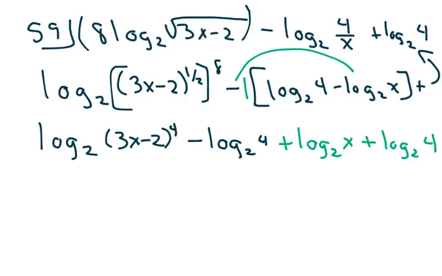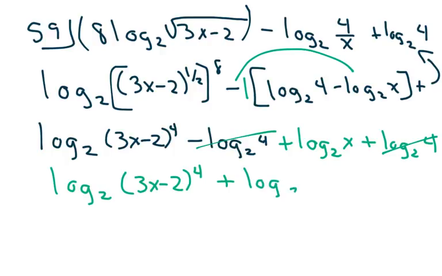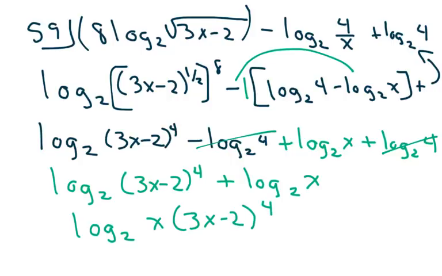And this is going to be, these two cancel. So basically you have log base 2 of 3x minus 2 to the 4th plus log base 2 of x. Now we can put all this together and we get log base 2 of x times 3x minus 2 to the 4th. Okay? And just do it that way.